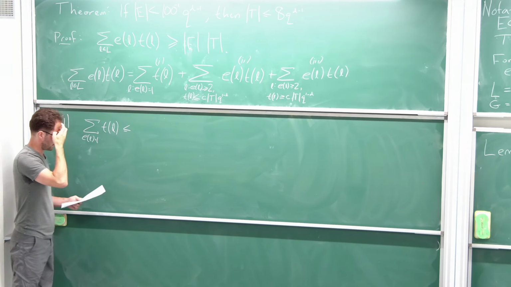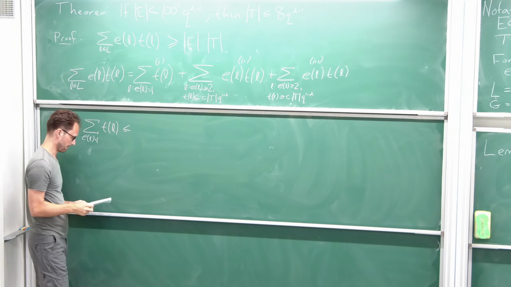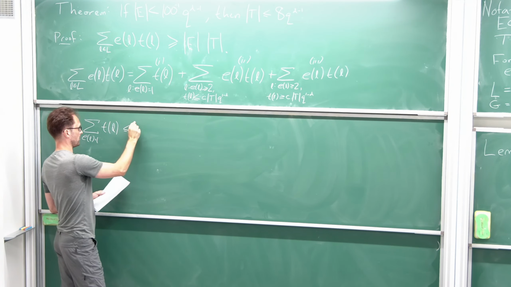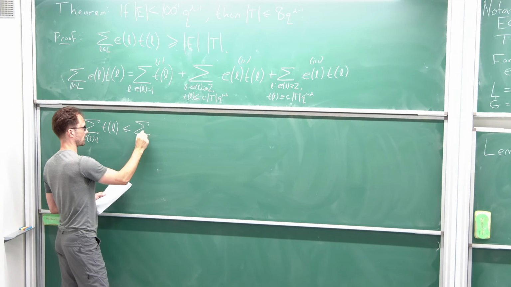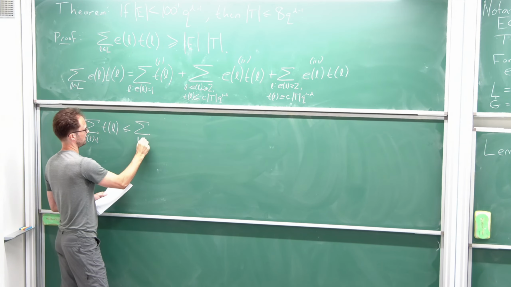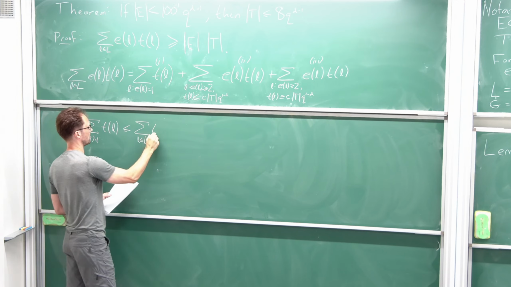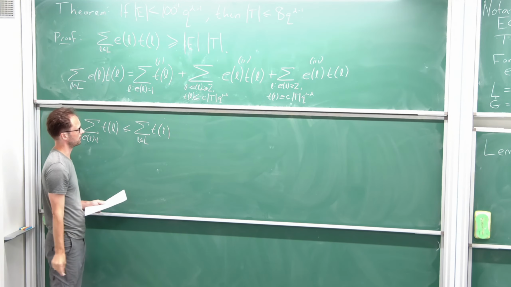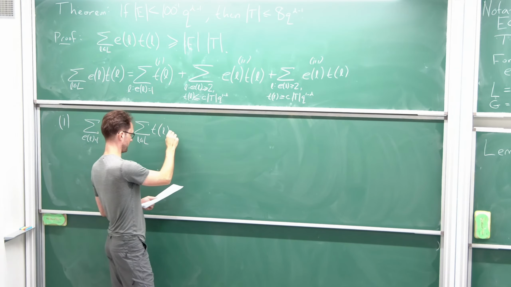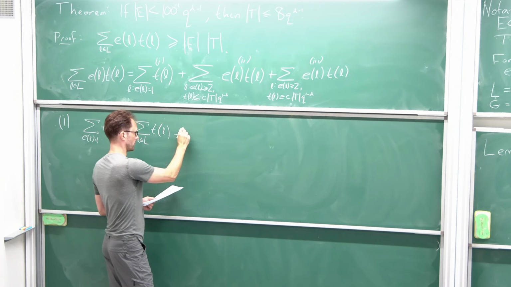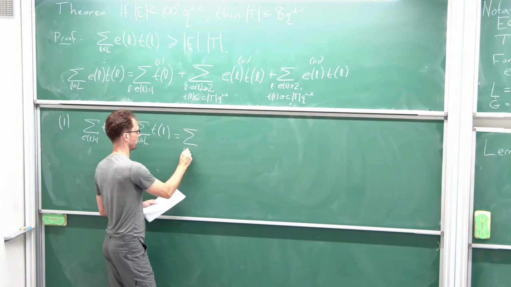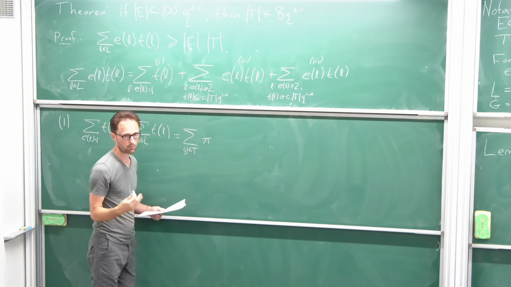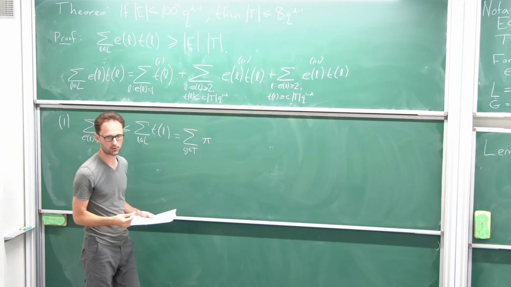This is at most the sum over all of the lines in L of the number of points in T. We already used the fact that the number of points of E is equal to 1 just to drop the term. And this is equal to the sum over the points in T of the number of lines of L that pass through it, and that's just the size of the radial projection.